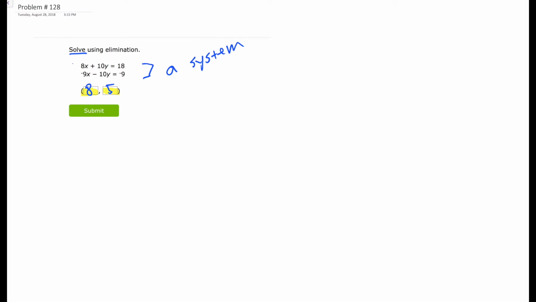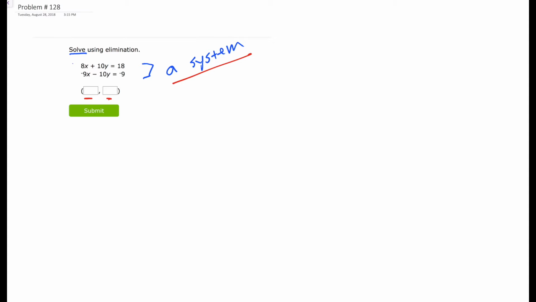There are 3 ways that you could find a solution to a system. 3 minutes ago we did one of the ways. So what's one of the ways that you can find what these answers are? That's what we just did in the previous problem. How would you find this point of intersection with the only skill that you have?